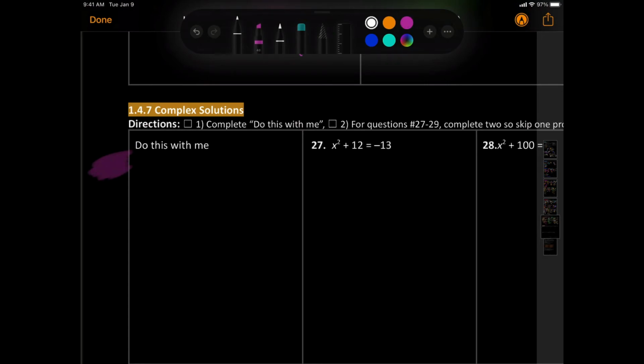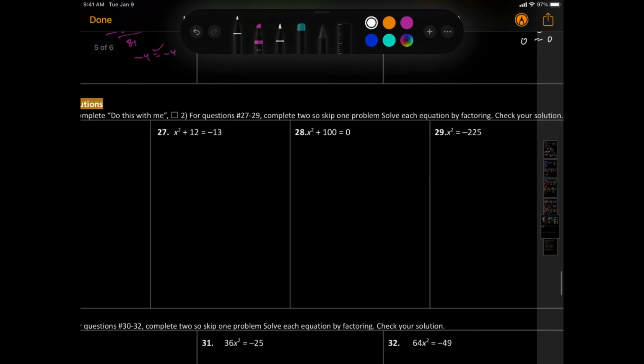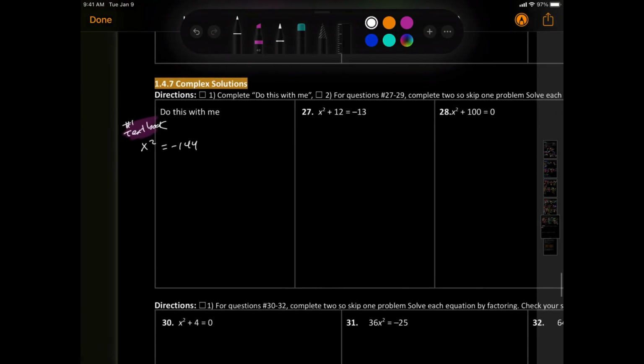So, method number 1, textbook. And the problem is x squared, let's do it maybe over here, x squared equals negative 144. And we're doing the same thing, we're solving this by factoring.